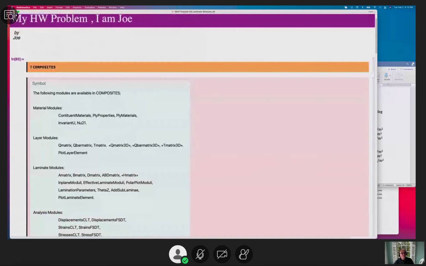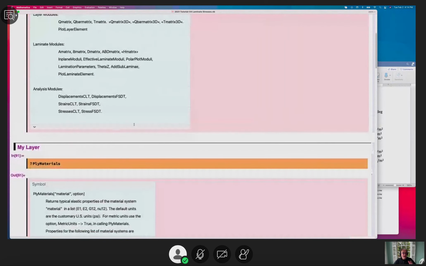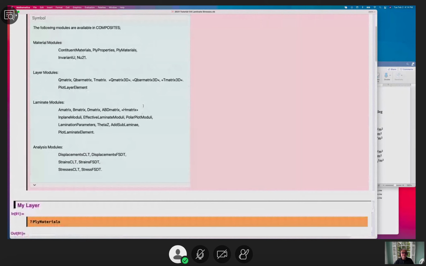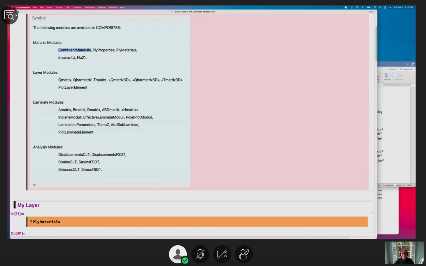Basically, the first thing that I ran was this composite, and here there is some text that comes, apply materials. I think it's confusing. These are the material modules. This computes invariant material properties. This computes mu2 from given E1 and E. I think these bring some confusion between constituent materials. These are the fiber and matrix materials that you can have.